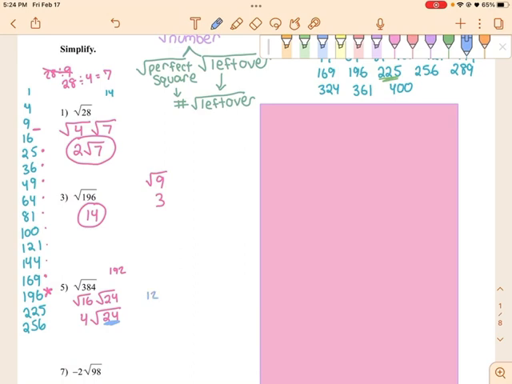And we know 24, if we're going through the list, is not divisible by 9, but it is divisible by 4. So what we're going to do is break that up again. This becomes 4, and then the 24 splits up to 4 times 6. So that becomes 4 times 2 radical 6, which is 8 radical 6.